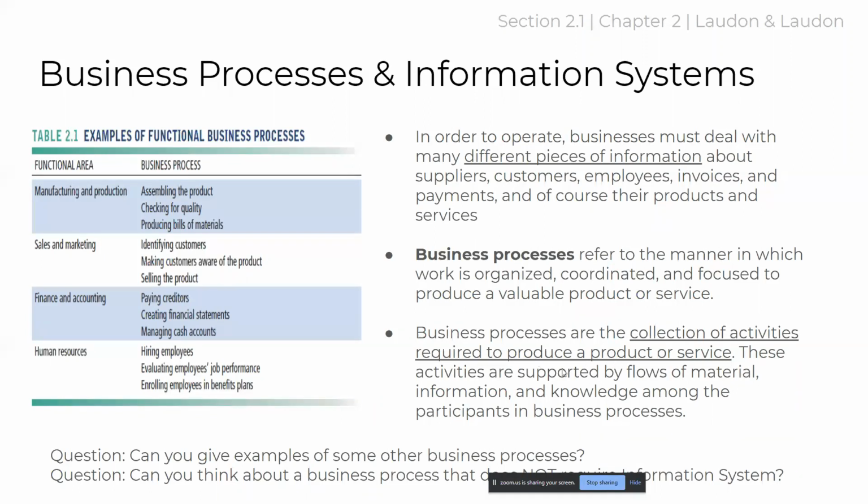Now these activities themselves require information to flow, or materials to flow, or knowledge to flow between people and whoever is involved in the process. And this is actually the beginning of how you can think about the information system. For example, with our emails, it's not a formally defined business process, but the business process is checking and responding to messages.